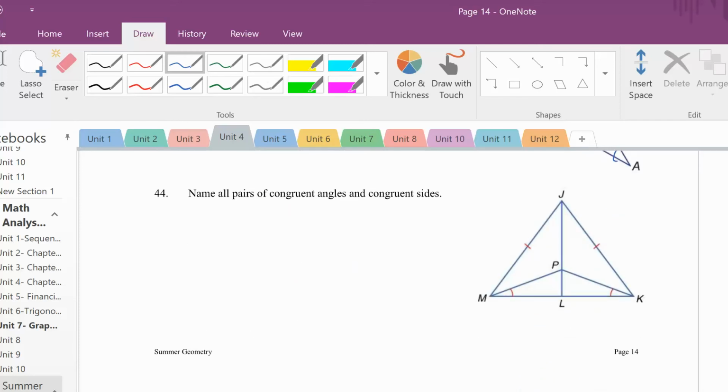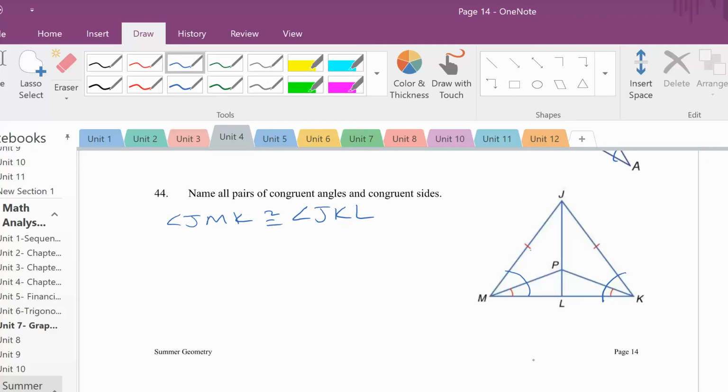All right, so now here it says name all pairs of congruent angles and congruent sides. So because these two sides are congruent, we can say that angle JMK is congruent to angle JKL, because of the isosceles triangle theorem.